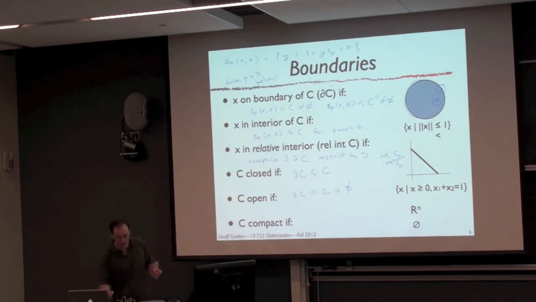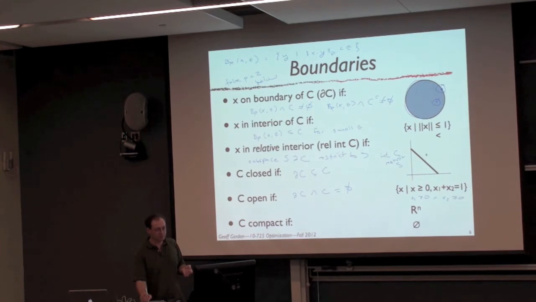So if I take a look at this set right here, this is the probability simplex in 2 dimensions, right? This notation means that x1 is bigger than or equal to 0 and x2 is bigger than or equal to 0. An inequality on a vector I'm taking to be component-wise. So the probability simplex is every component is bigger than or equal to 0, and the sum of all components is 1. So what is the interior of this set?